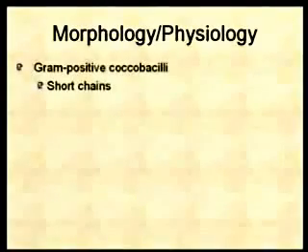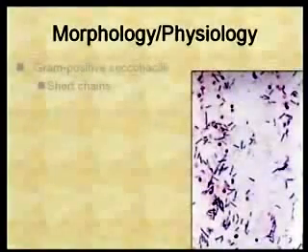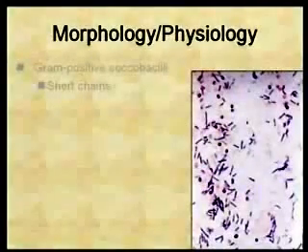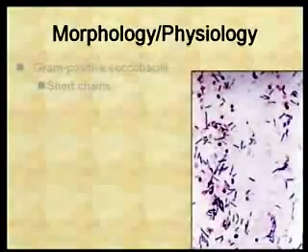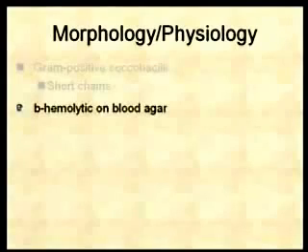Morphology: it is a gram-positive bacillus. It grows in short chains, just like any other gram-positive. It's beta-hemolytic, like Strep pyogenes. If you remember that, Strep pyogenes.